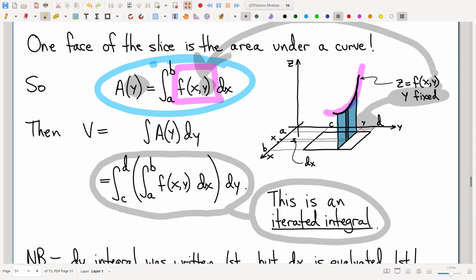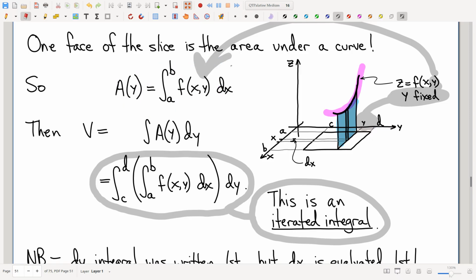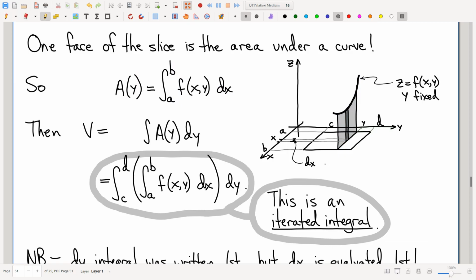Okay, so it's all over but the shouting at this point. Let's see here. So the big picture, recall, is that we're going to let y go from c to d. Let me do it like this. We're going to add up as we go in the y direction. As we go in the y direction, we're adding up a bunch of little volumes, area times dy.